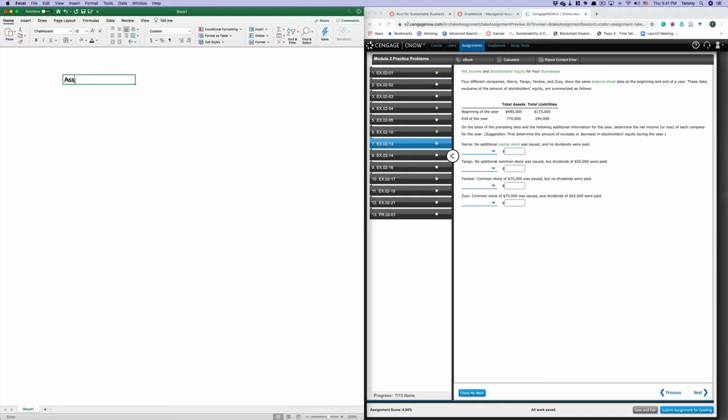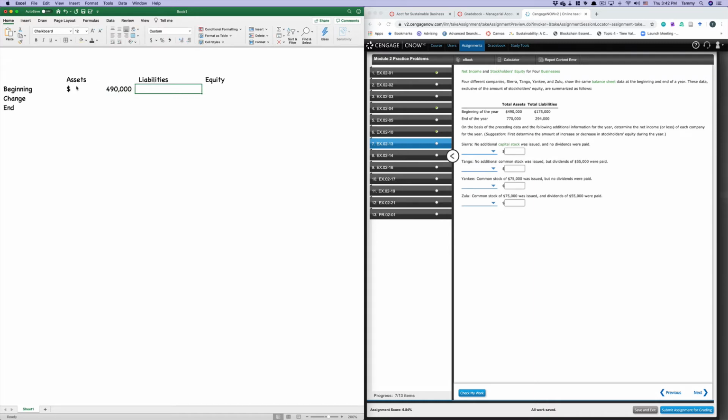So we have assets, we have liabilities, and we have equity, and we have beginning, and we have change, and we have end. Okay, so our beginning assets were 490.